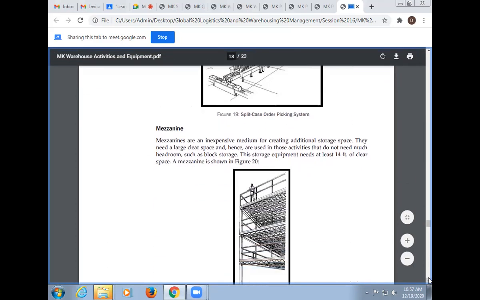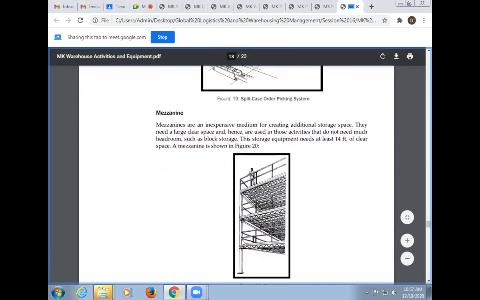Magazines. These are the magazines. These are mostly used in warehouses. Magazines are an inexpensive medium for creating additional storage space. They need a larger clear space and hence are used in those activities that don't need much headroom, such as block storage.